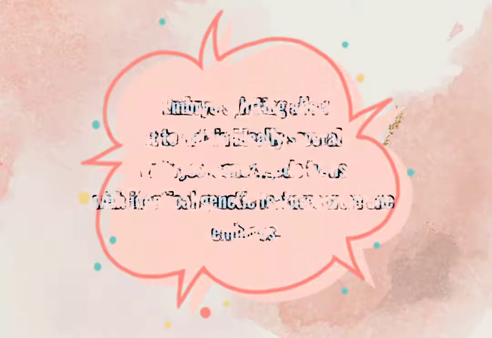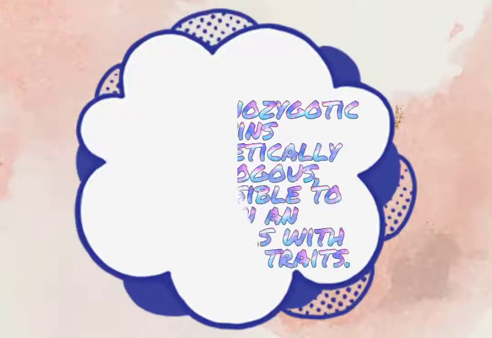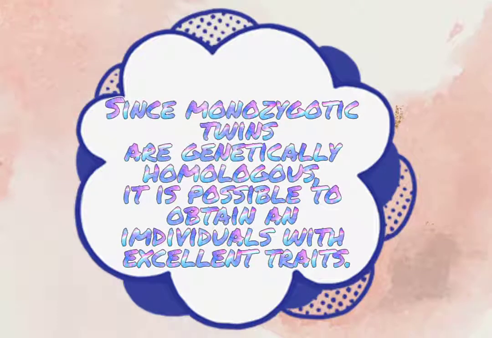Embryo splitting allows one to obtain ideally several embryos with identical genetic features from one embryo. Since monozygotic twins are genetically homologous, it is possible to obtain an individual with excellent traits that we interbreed, and this will give us advantages.